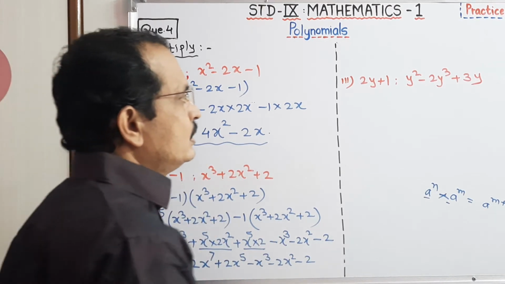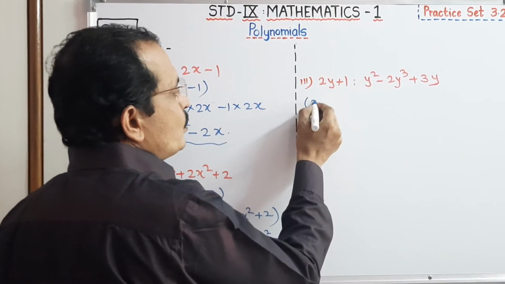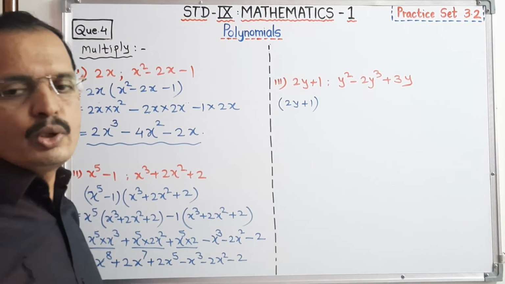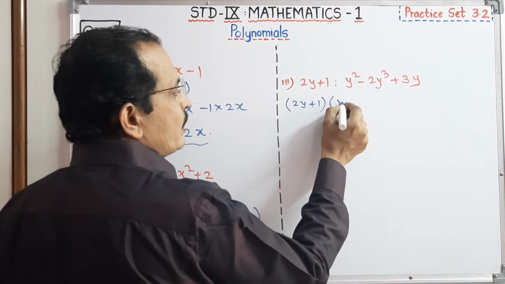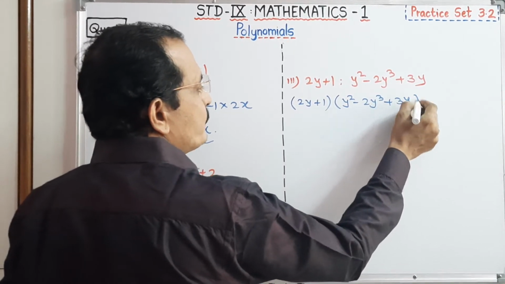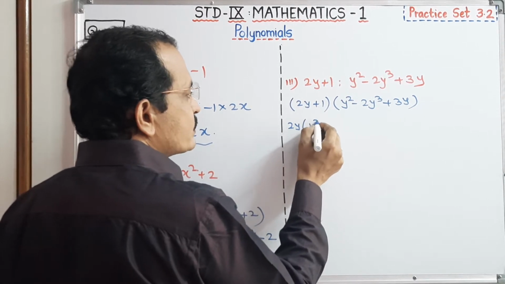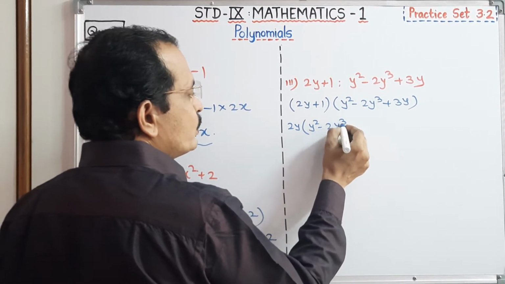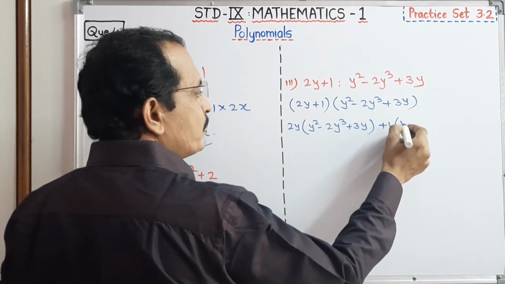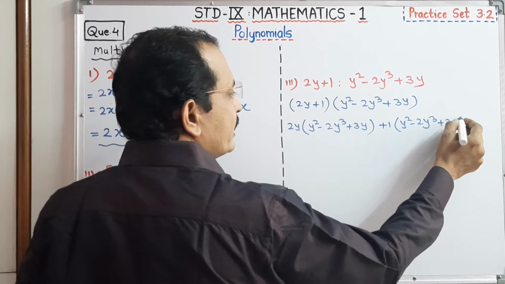Now go to the next, the third one, 2y plus 1, this is the first polynomial, and now we have to multiply with this y square minus 2y cube plus 3y. Now multiply this 2y with this y square minus 2y cube plus 3y, plus 1 multiply with y square minus 2y cube plus 3y.